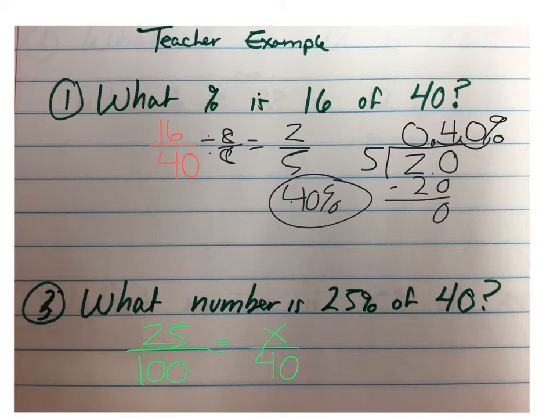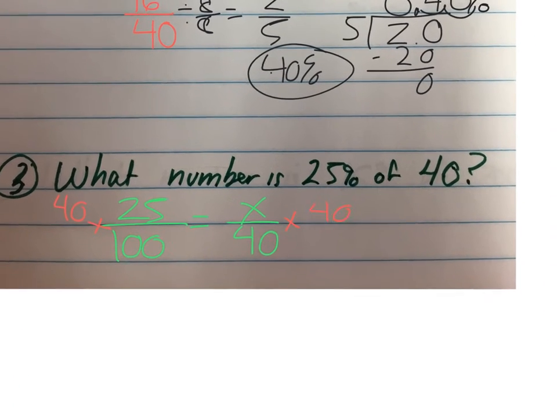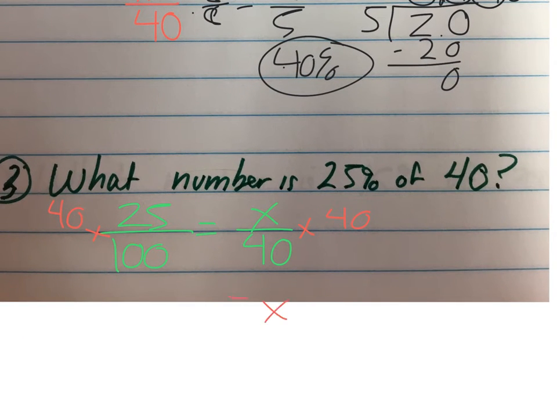Well, I'm going to do the opposite of x divided by 40, which is multiplying both sides by 40. At that point, on the lower side, I just get x, and on the other side, I can simplify. I can simplify again, dividing by 2.